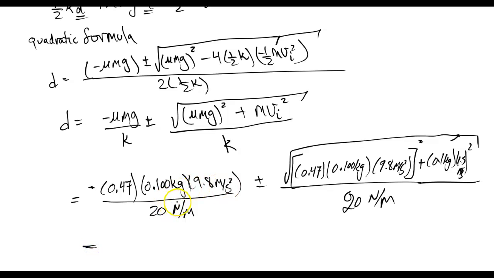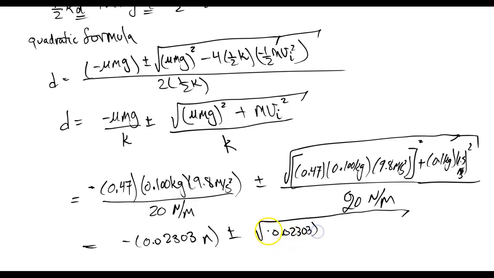This gives us negative 0.02303 meters plus or minus the square root of 0.02303 meters quantity squared plus 0.0125 meters squared.